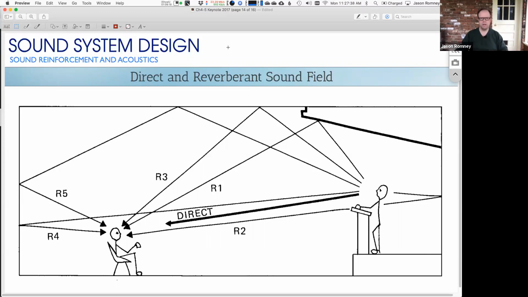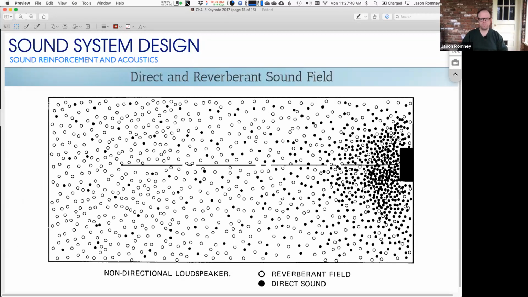Here's where this can become a problem for you. So if we just lump the early reflections and the reverberant field together, then we could graph it like this, where the hollow dots would be reverberant sound and the solid dots would be direct sound.